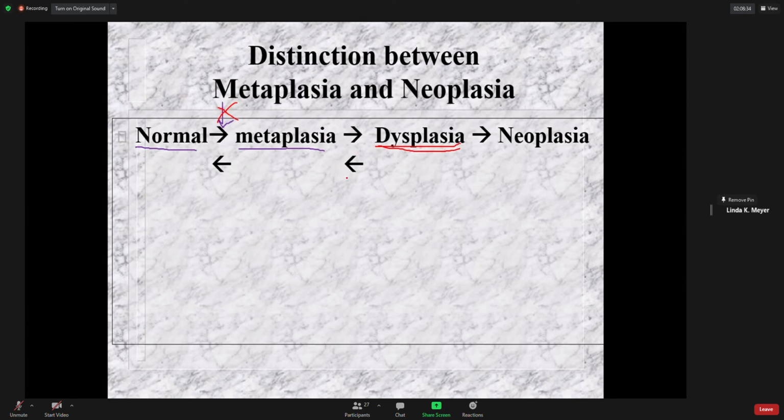Dysplasia can still reverse itself, but once it goes to neoplasia, this is where I said there's been a genetic change in the cell types from normal to abnormal, and that's not reversible. We treat neoplasia, but with different treatment modalities; in itself, it's not reversible.